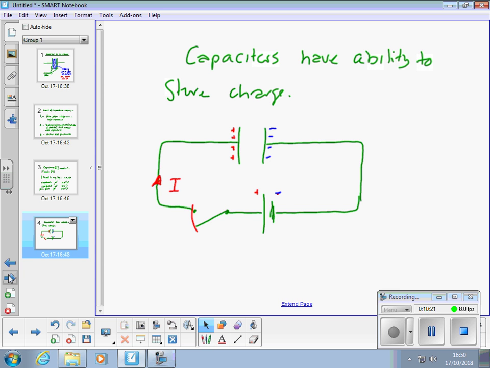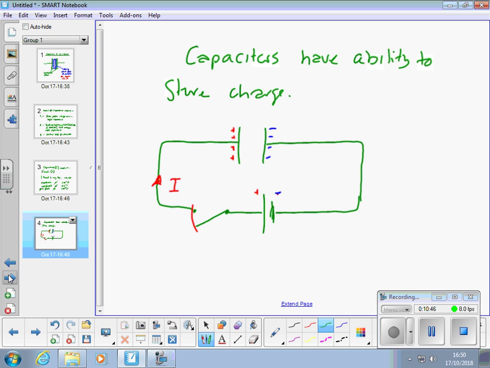That's because electrons have left these atoms and moved around and gone onto that plate, and they're held there by the force of attraction between positive and negative charges.